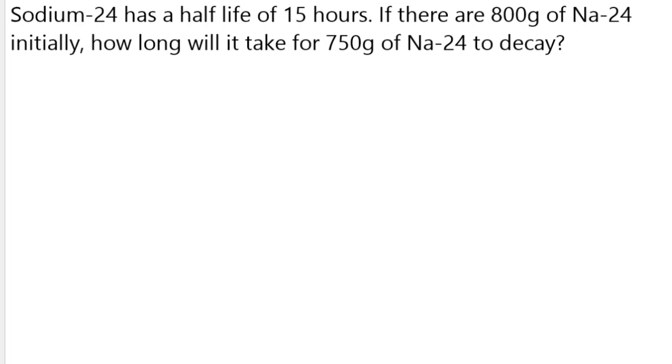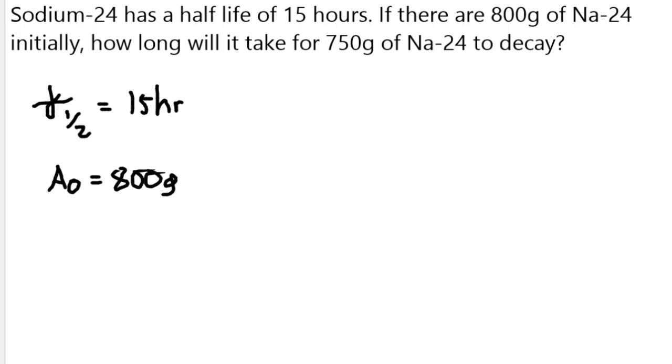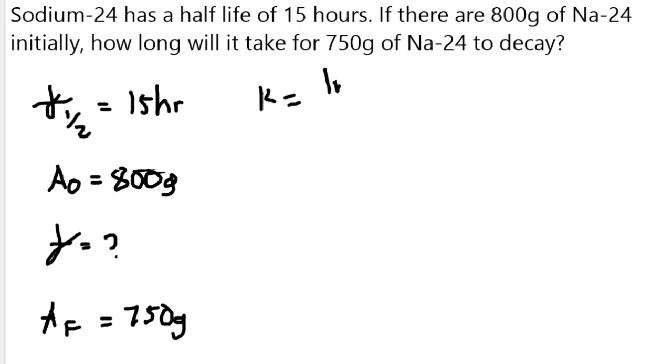Sodium-24 has a half-life of 15 hours. If there are 800 grams of sodium-24 initially, how long will it take for 750 grams of sodium-24 to decay? So we are going to put what we know here, what was given to us. We have the half-life of 15 hours, we have the initial amount of 800 grams, and we're going to calculate how long it will take to reach the final amount of 750 grams.